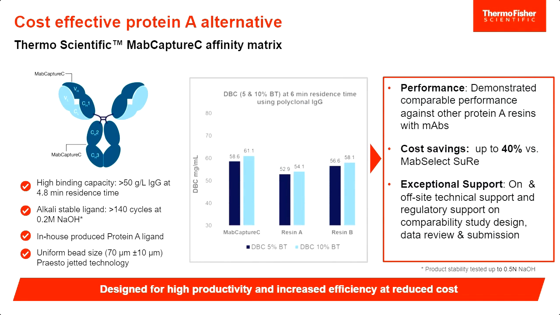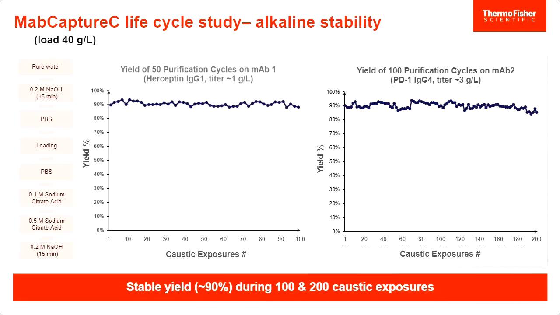mAb Capture C also has high binding capacity, but the nice thing is that it's also alkaline stable, which allows for rigorous cleaning. So we performed a life cycle study based on yield and found stable recovery of around 90% for 2 different molecules for over 100 cycles.